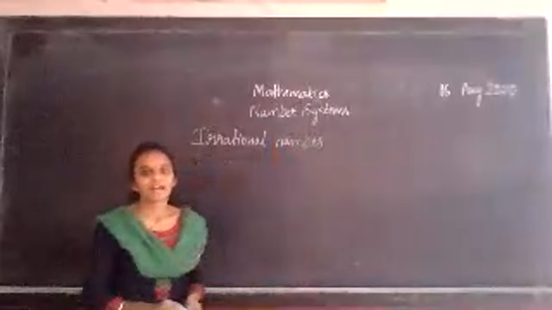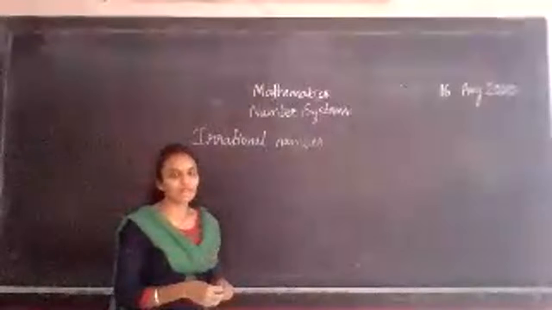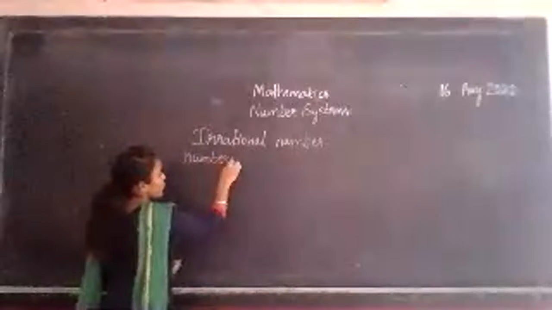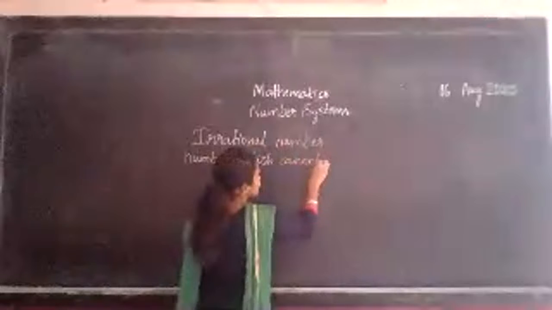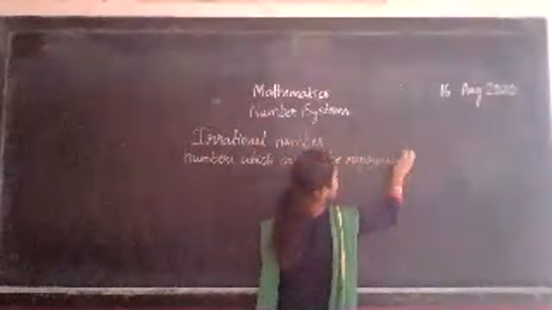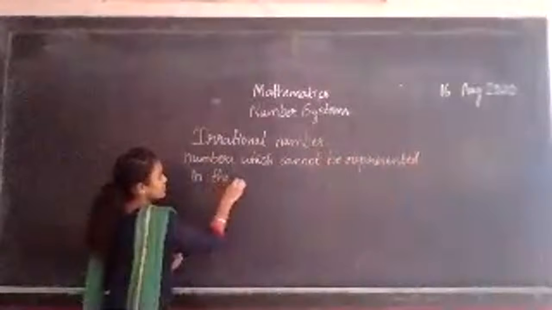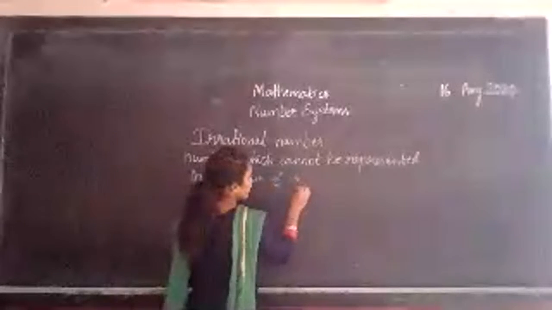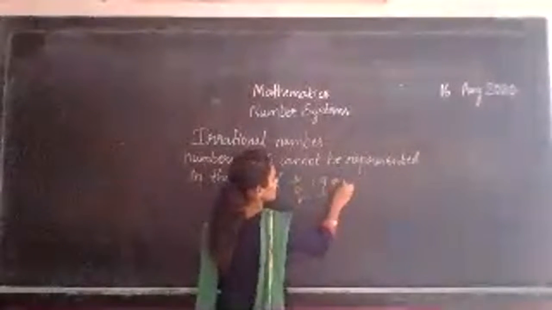Irrational numbers are those numbers which cannot be represented in the form of P by Q, again with Q not equal to 0.